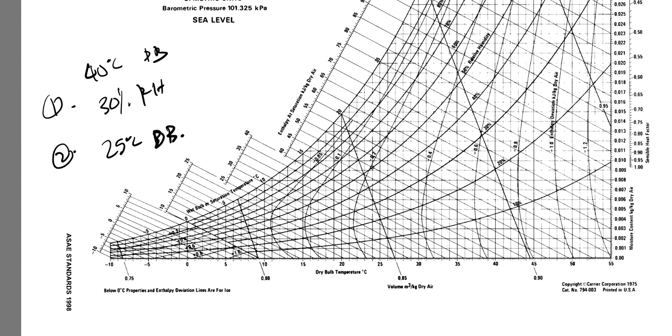First is to plot the dry bulb. We have 40, so here's our 40 degrees and 30% RH. So here's the 30%, and therefore our initial condition is right here.